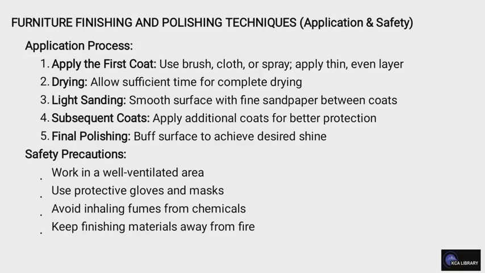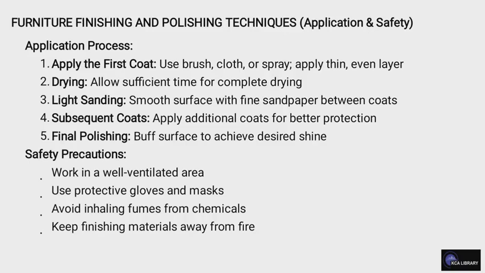Let's look at the application and safety under furniture finishing and polishing technique. For the application process, the first thing you need to do is to apply the first coat, where you use brush, cloth, or spray, and apply a thin even layer.